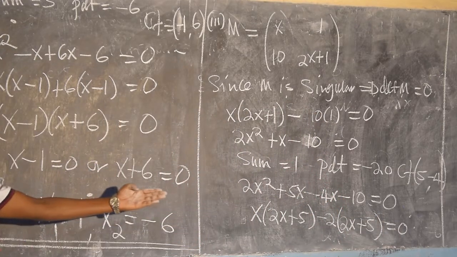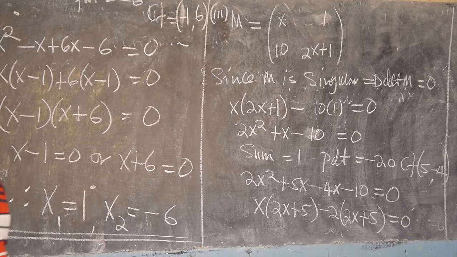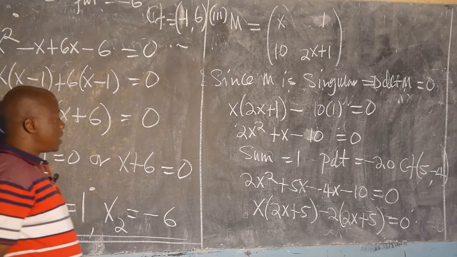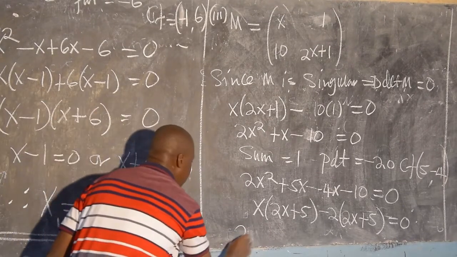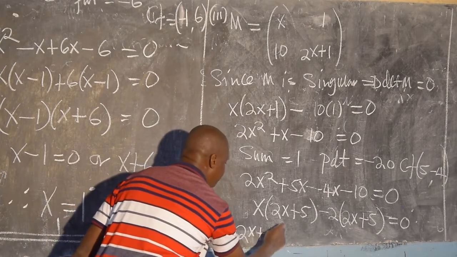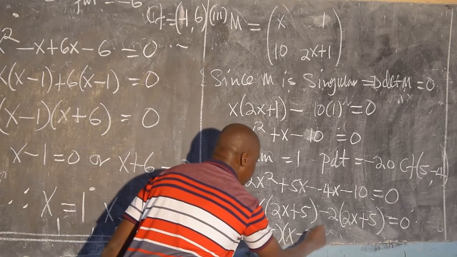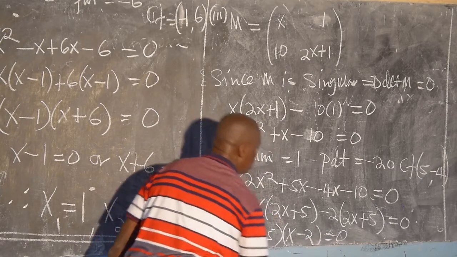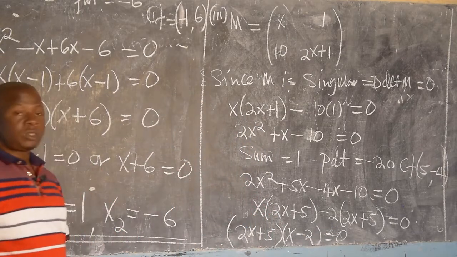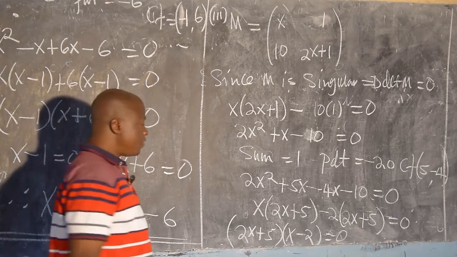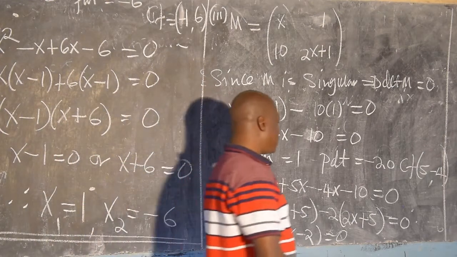Let us identify the common factor, that is 2x plus 5. We say that 2x plus 5, then x minus 2. This one gives a 0. We are interested in the values of x.